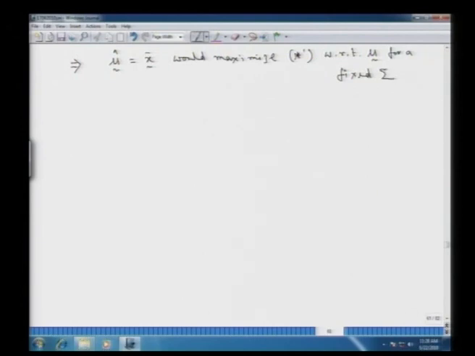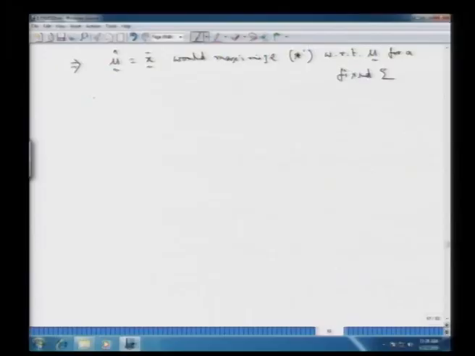However, we see that this maximizing value of mu does not depend on the particular value of sigma where we have fixed, and hence mu hat equal to x bar is going to maximize the likelihood with respect to mu for every possible value of sigma. So, this would imply that the maximum likelihood estimator of mu, mu hat MLE, is equal to the sample mean vector x bar, which was also incidentally the unbiased estimator, right. So, we have got this to be the maximum likelihood estimator of the mean vector mu.